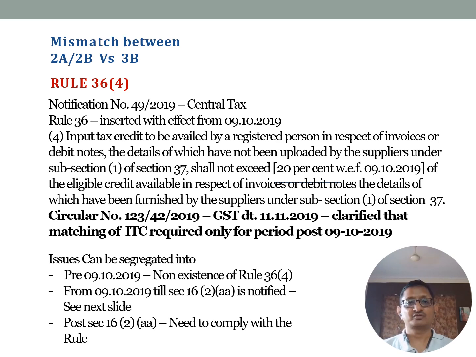What is Rule 36(4)? It says that you can take additional credit up to 20%, later 10%, over the ITC available in GSTR 2A. So for the period 1st July 2017 to 9th October 2019, you can argue that Rule 36(4) is not applicable.